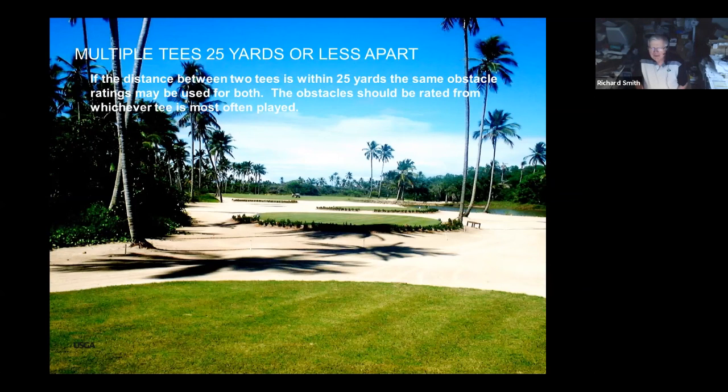So let's say we had a black and a blue tee and they were within 25 yards, and the black isn't played that often compared to the blues, we could use the same obstacle ratings for both and do them from the blue, the more often played one.